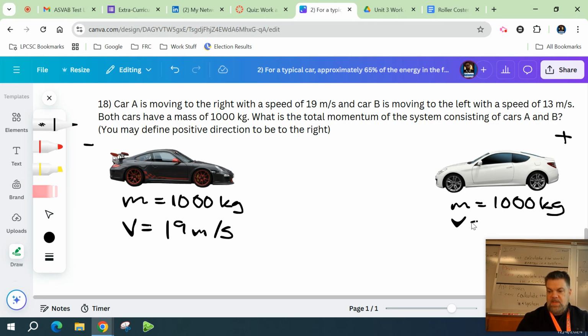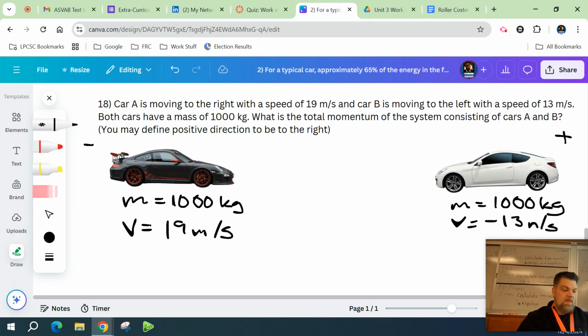And so this has a velocity of what? Negative 13 meters per second.